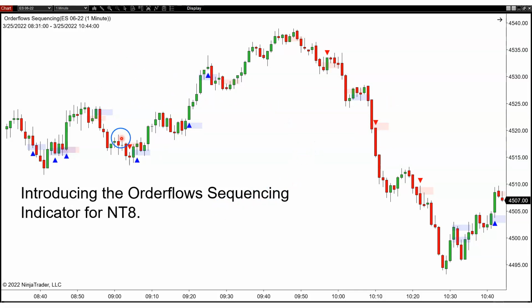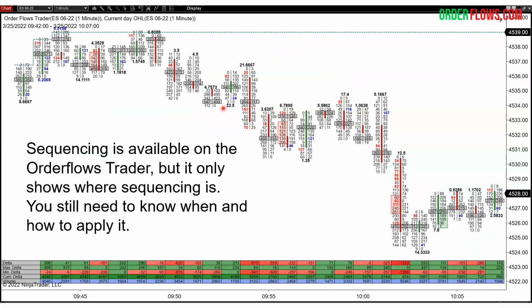So this is E-minis yesterday. You can see where the sequencing is coming in as the market is selling off, as the market is rallying. Now, on our footprint chart, the Orderflows Trader 5.0, which we released earlier this year, it's available.